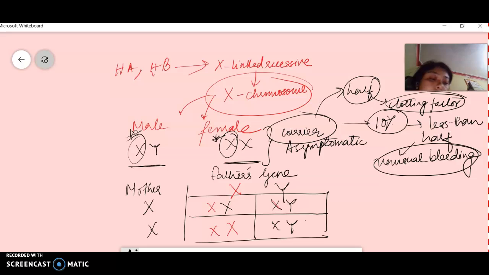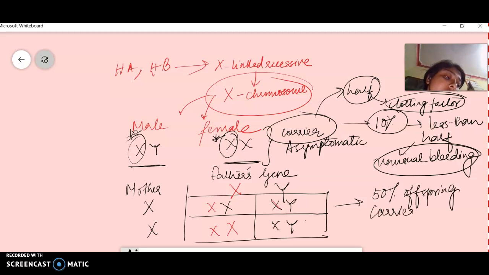Here you see that 50% of the offspring are carriers, and these 50% are your females. Since the female has one normal X, they are the carrier.